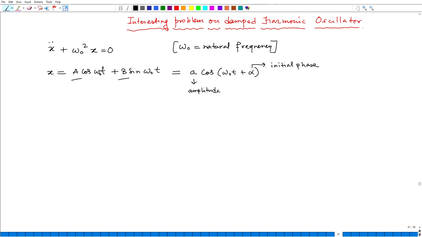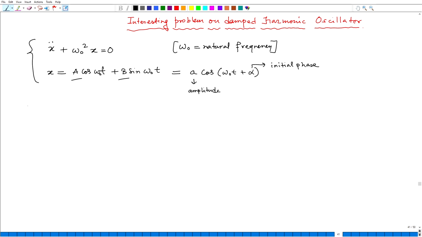Now, the question is, let us say I have an oscillator. The system of the oscillator is not changed. The oscillator is first let to oscillate without any damping or any forcing.